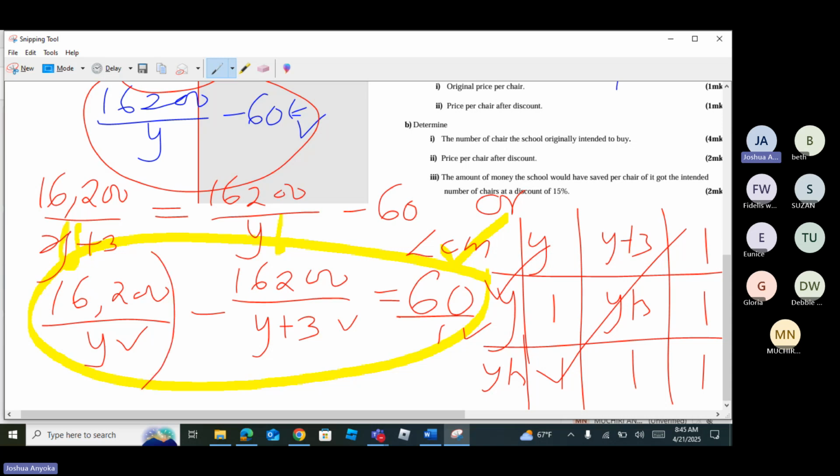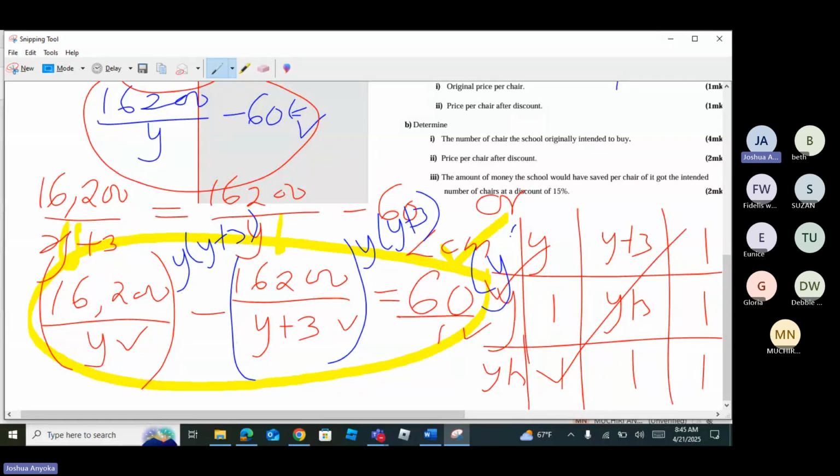So multiply by the LCM, y into y plus 3. Y will cancel with y, y plus 3 will cancel with y plus 3, and the other one will remain. Let us write now the expression.